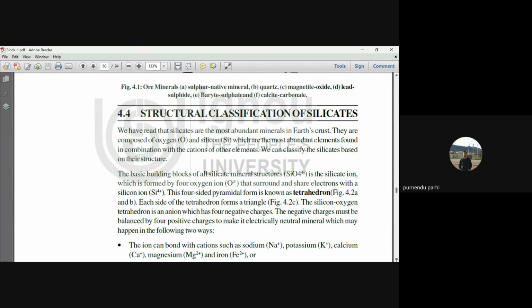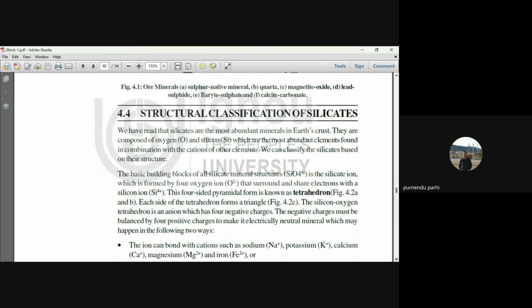Then structural classification. We have read that silicates are the most abundant minerals in the Earth's crust. They are composed of oxygen and silicon, which are the most abundant elements, found in combination with the cations of other elements. We can classify silicates based on their structure.